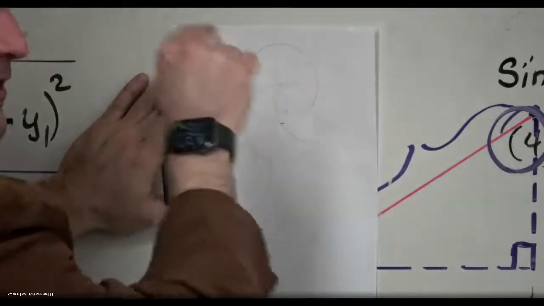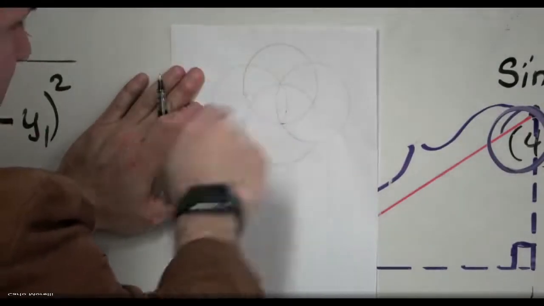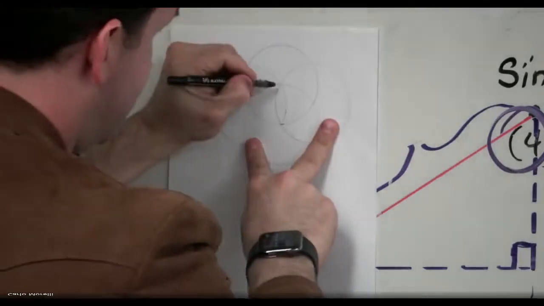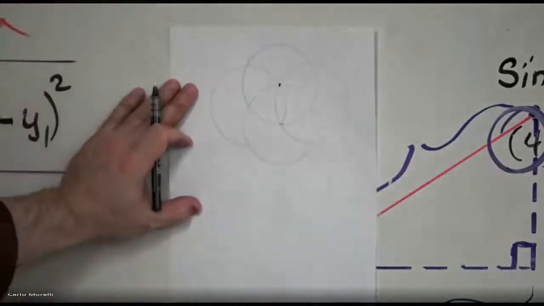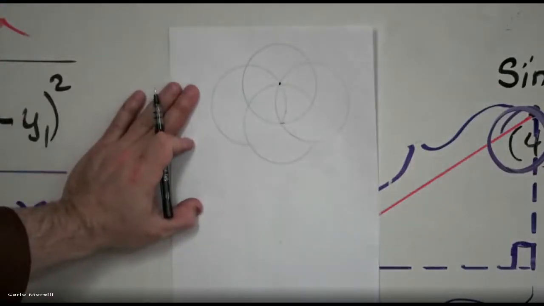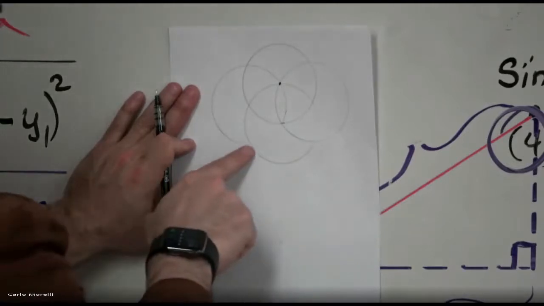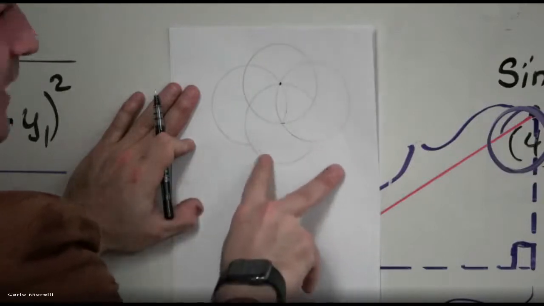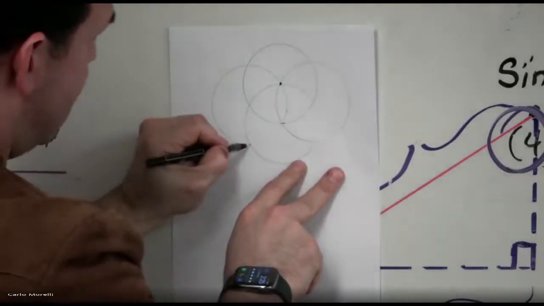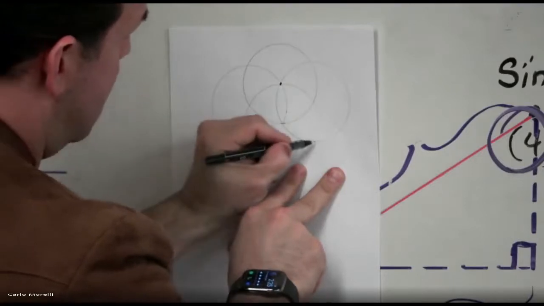It's right at the center of your original circle, right there. All those lines intersect, put a dot right there. It's at the very center of your original circle. Now, down here in the bottom left and bottom right, where these two outer circles intersect down here, put a dot here and a dot here.